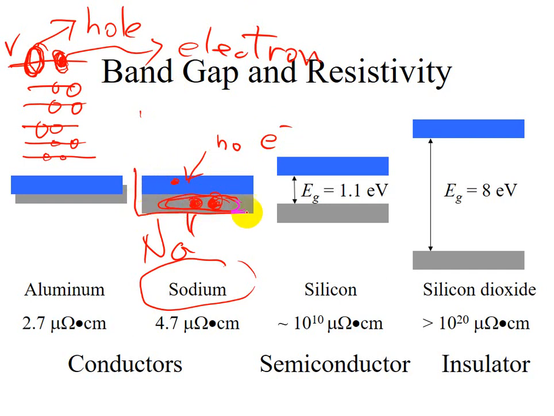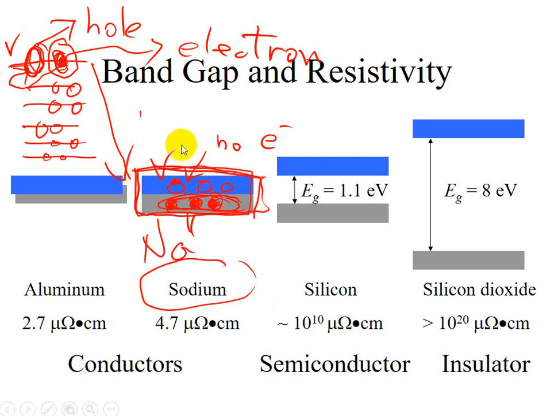But since this is the same orbit, that means electron can move from this position to the next position, exchange the position with the hole. So that means you have a half-filled valence band. The other half will be hole. So in this valence band, you have hole inside.